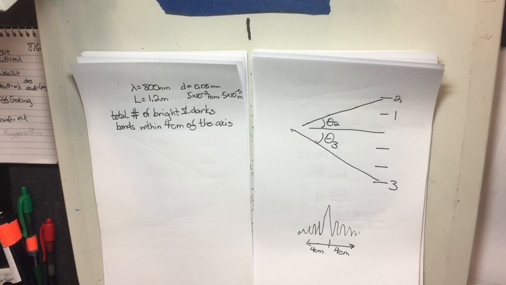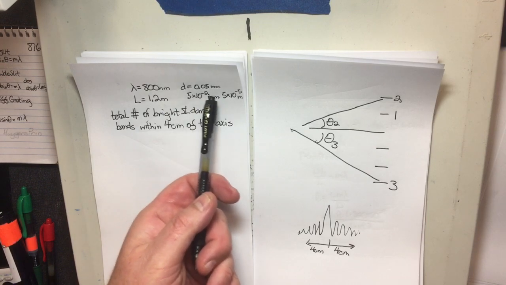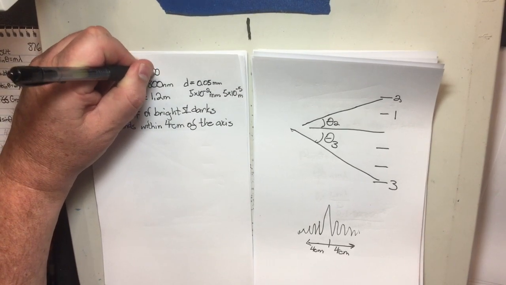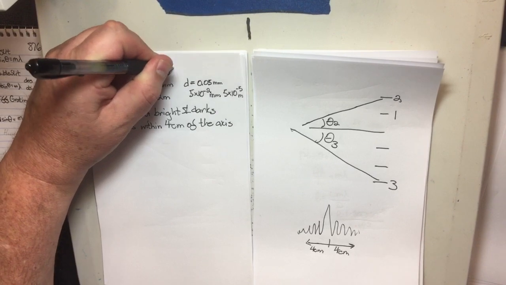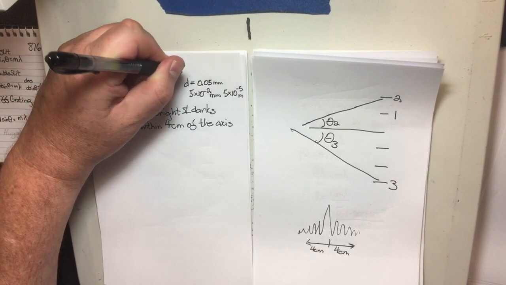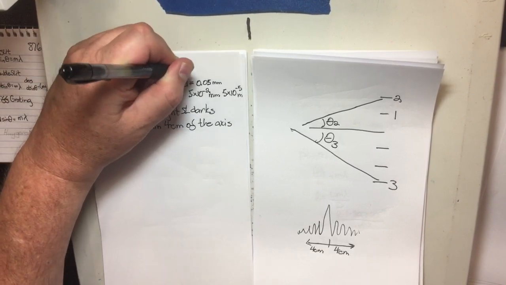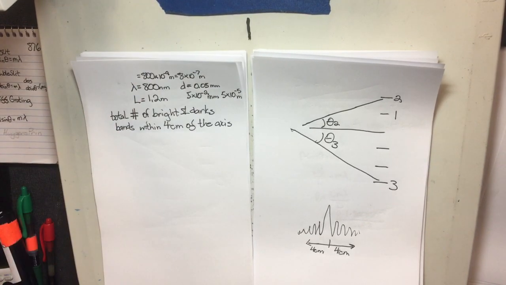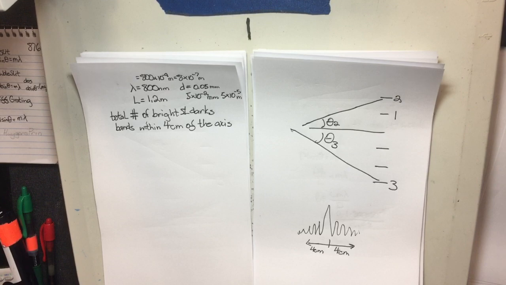The first thing that you want to do is make sure your slit distance and your lambdas are all in meters. So get that straightened out.